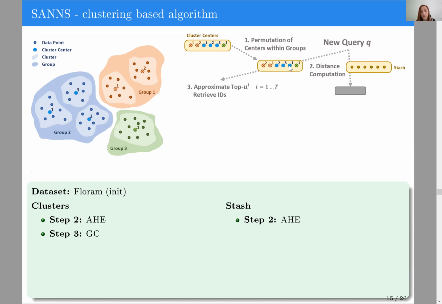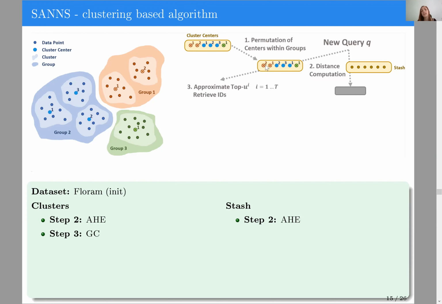Once we have all the distances with the centers, we try to retrieve the approximate top center IDs. We have the distance between the query and all the centers, and we retrieve the indexes of the centers that are the closest to the query. This top K selection is going to be done in GC.